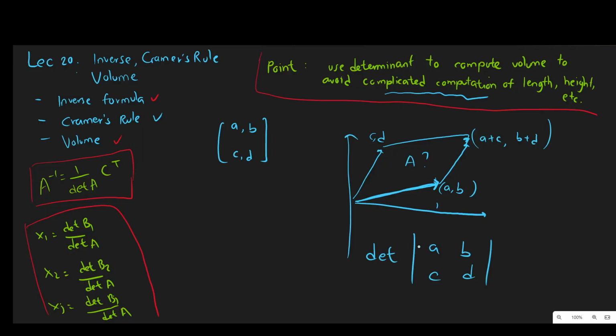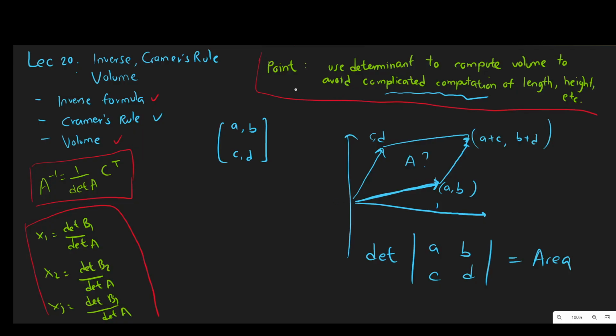The determinant of this matrix will give you the area. Isn't that really easy to compute compared to the first one? That's, I think, the main idea that this section about determinant being volume wants to give us: you can compute the determinant really easily without having to know the length or the height or anything else you need to compute the area.